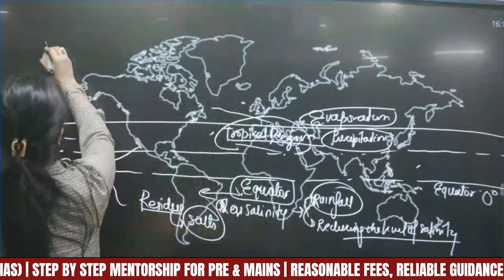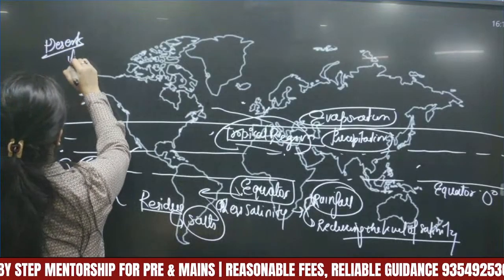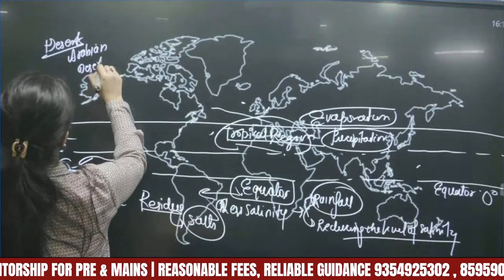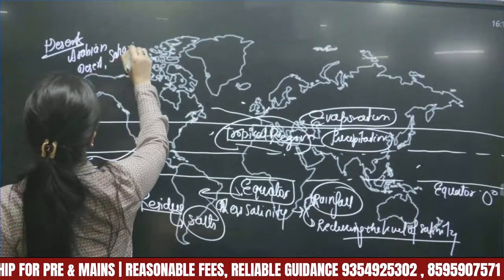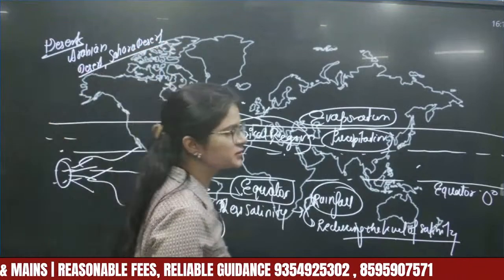You have the deserts over there, right? Arabian desert, Sahara desert, all of them are present in the subtropical belts, right?